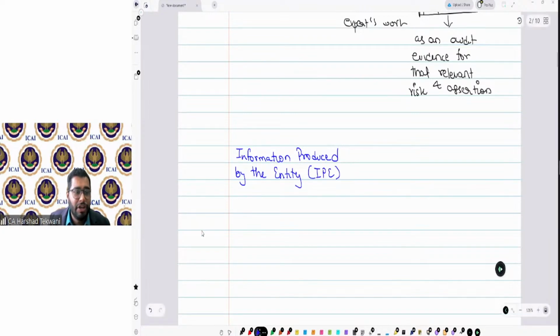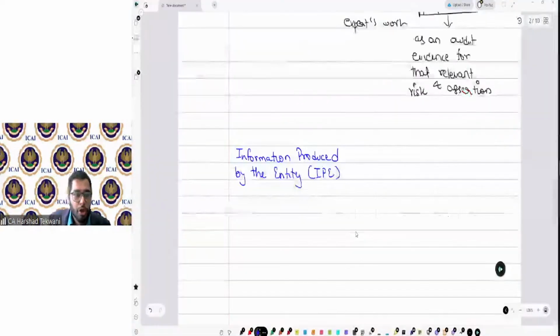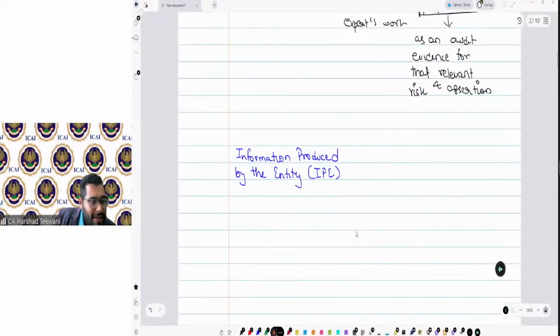Now, when I get such information which is produced by the entity, let's say this is a system generated report, depreciation working, these are system generated reports. Let's say the working is system generated, not prepared by the expert.